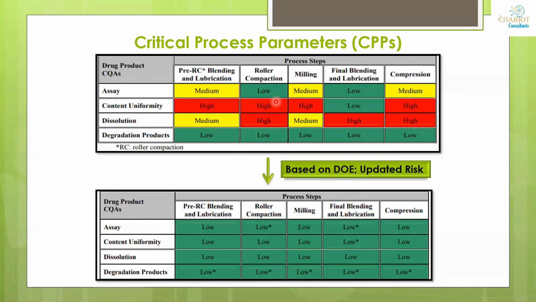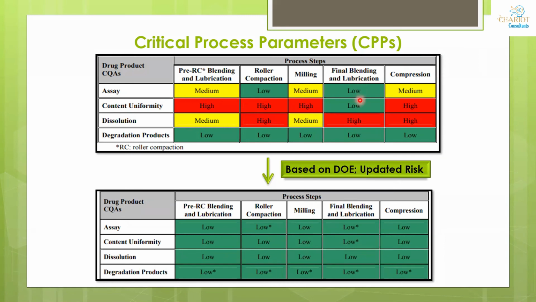And if the granules are very hard, it can impact your dissolution. Similarly, after roller compaction, you have to do the milling process, in which the granules are milled. Also, the size of the particles can impact your assay values and your content uniformity values. The size of the granules can impact the dissolution.